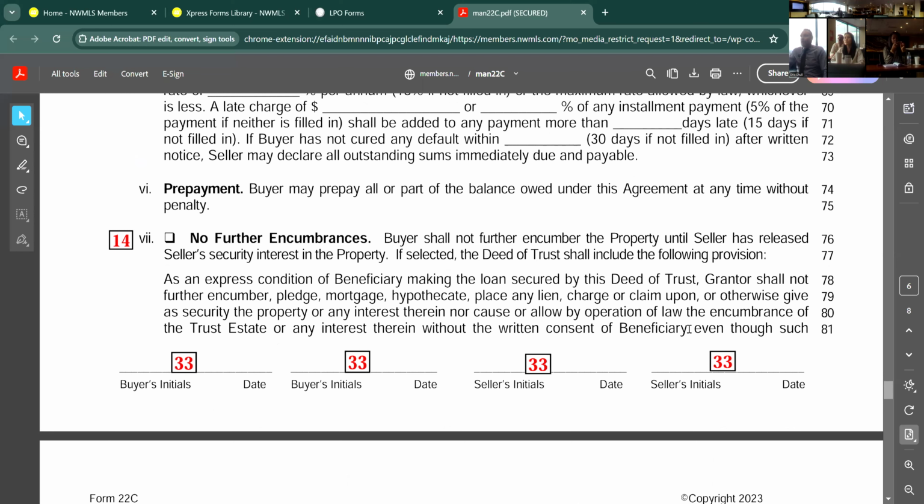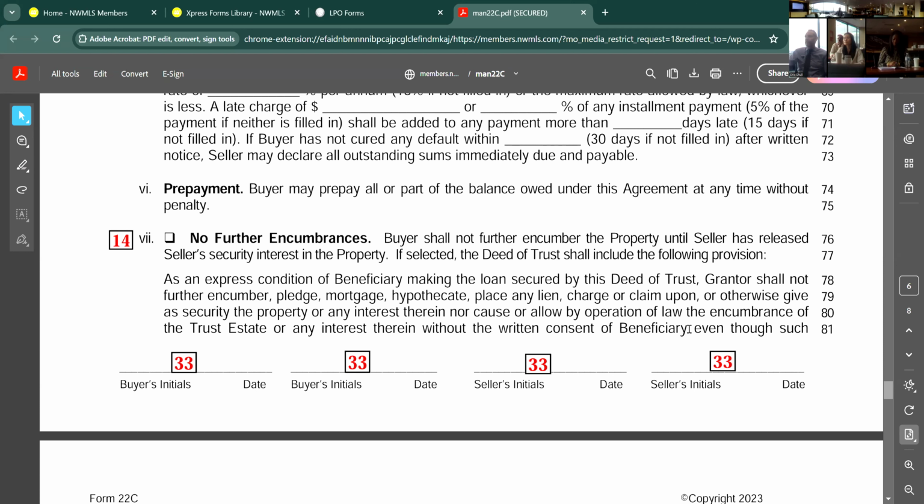All right, no further encumbrances. Buyer shall not further encumber the property until seller has released seller's security interest in the property. If selected, the deed of trust shall include the following provision as an express condition of beneficiary making the loan secured by this deed of trust.